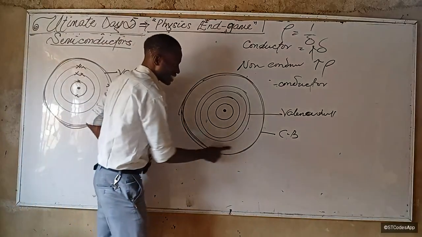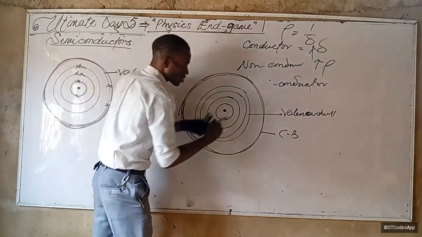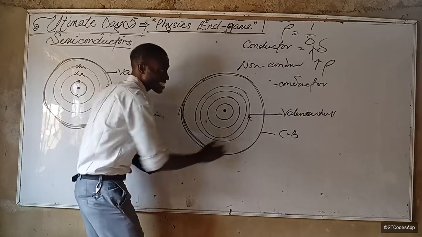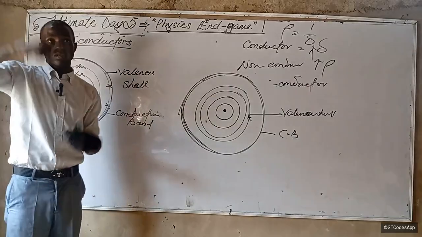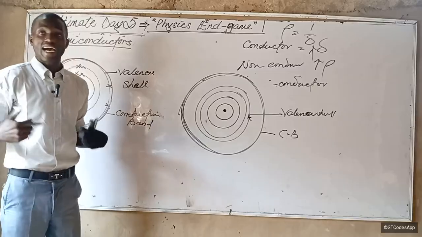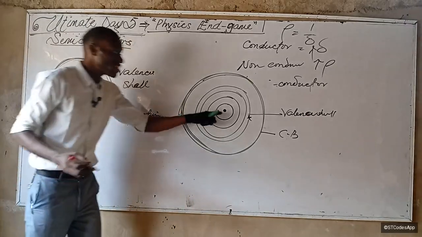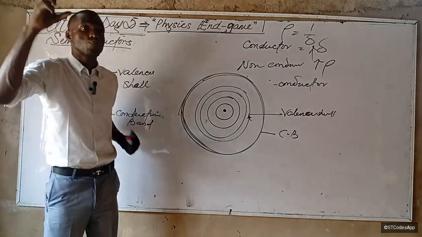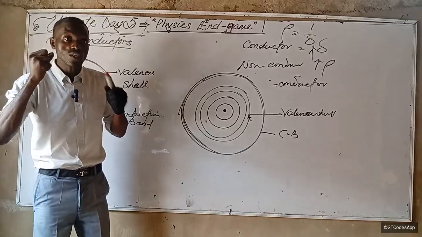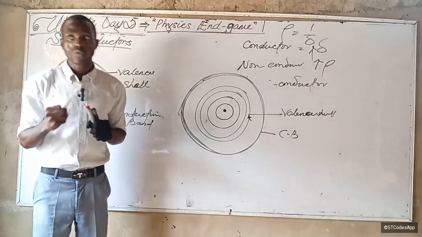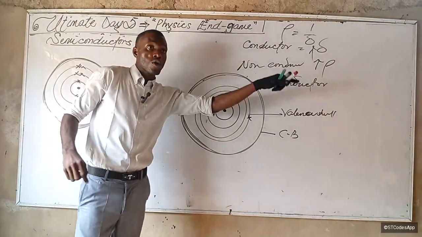But for the non-conductor, there are other energy levels here that the electron in the last shell, the valence shell, cannot reach. So it needs some amount of energy to be able to move beyond it, in fact a high amount of energy. Because that amount of energy cannot be provided, we say that in a non-conductor the nucleus has a high pull, holding on to the electrons tightly. Do we understand? Yes, sir. Because the electrons cannot move out of the valence shell beyond the conduction band.